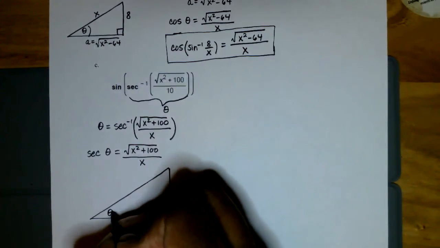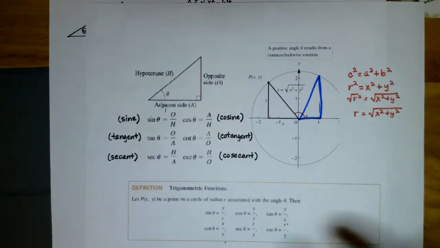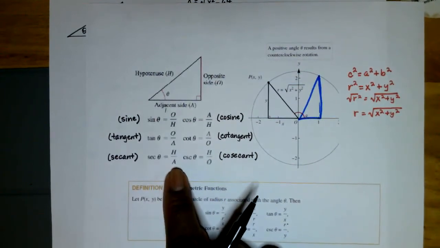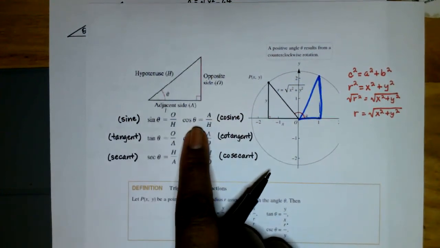All right, so here's theta. Now, let's think about the relationship for the secant of theta from this right triangle. Secant of theta is the hypotenuse over the adjacent side. Keep in mind, secant is the reciprocal of the cosine of theta.